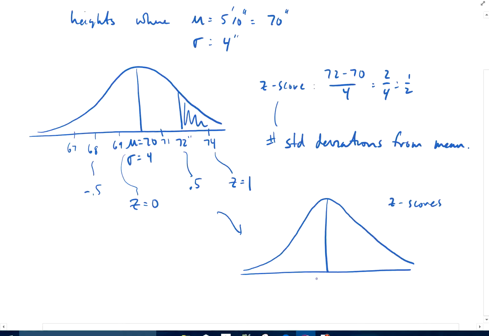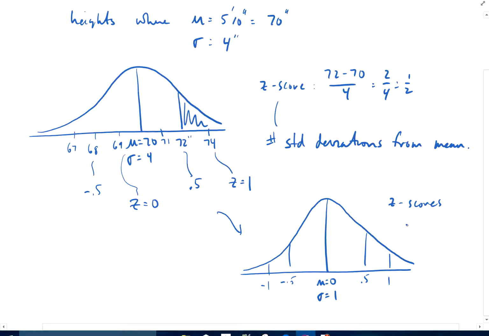So if z is 0, then that's going to be my center, or my average. And the standard deviation is 1, and I can put my z-score is 0.5, negative 0.5, 1, negative 1, definitely not to scale, and so forth.